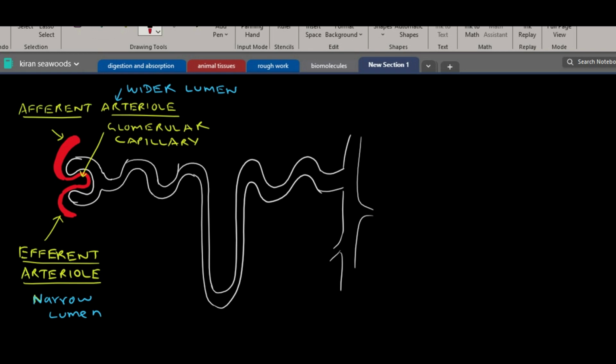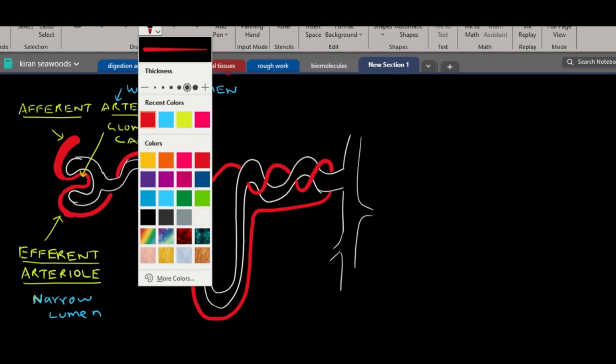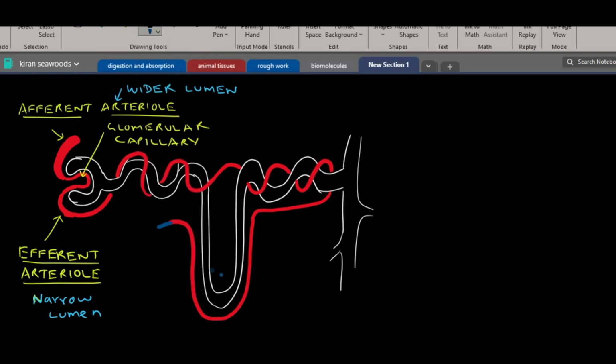Now this blood capillary then moves around the PCT, moves around the DCT, and somehow it comes back to the loop of Henle, and then slowly this gets converted into venular structures, that is veins, and enters into the main renal vein.